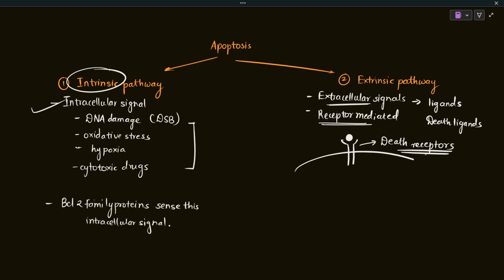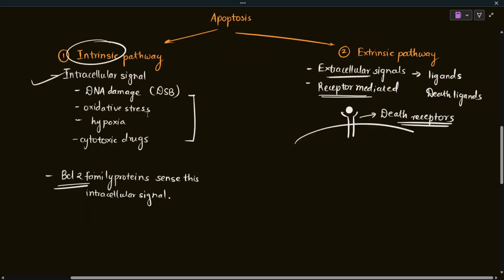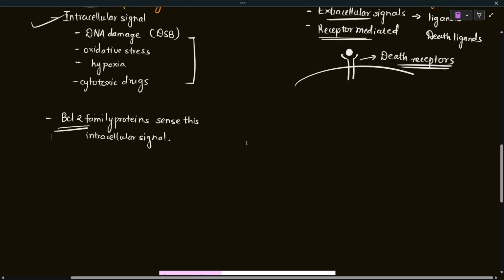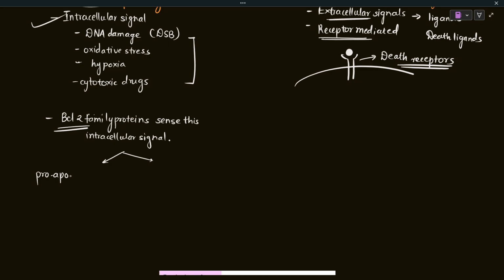So this extrinsic pathway is receptor mediated, while the intrinsic pathway, that will be the intracellular signal, will be sensed by the BCL2 family proteins. So those BCL2 family proteins, they are of two types. Okay, the pro-apoptotic proteins, while there are some anti-apoptotic proteins.